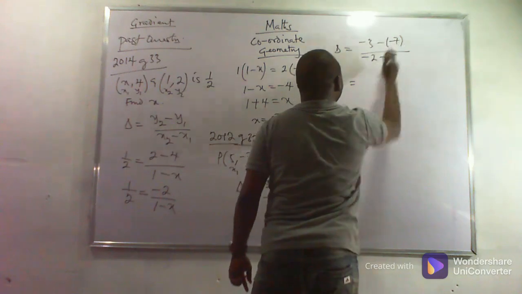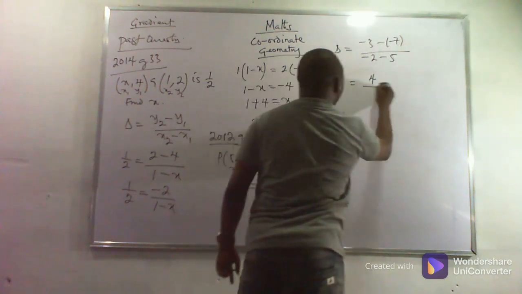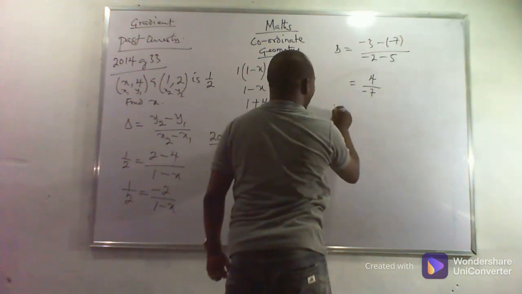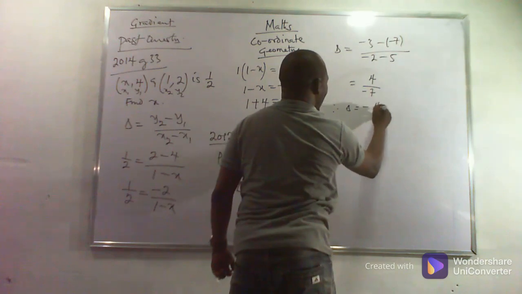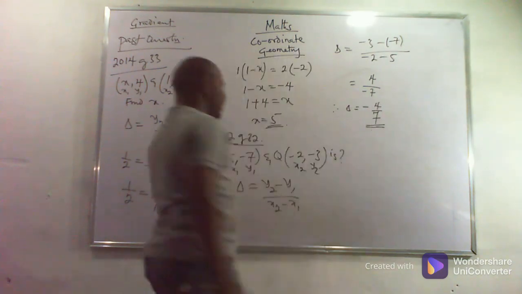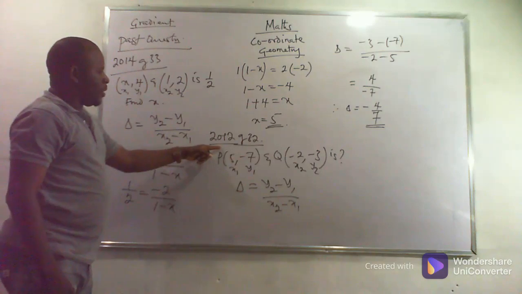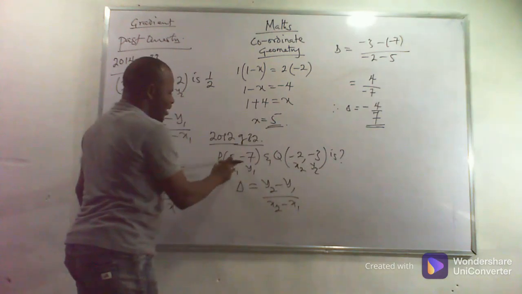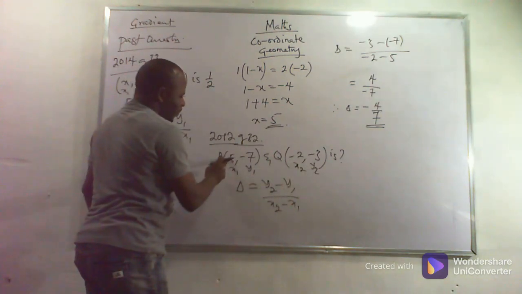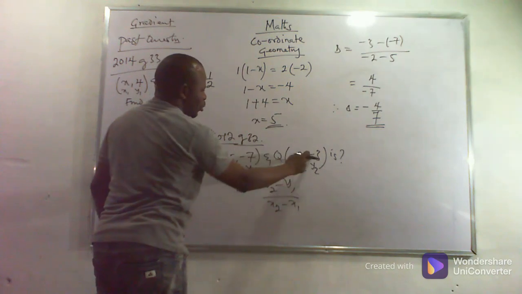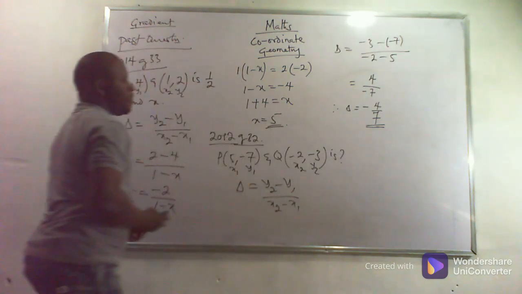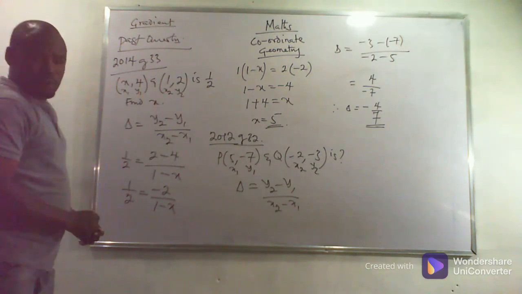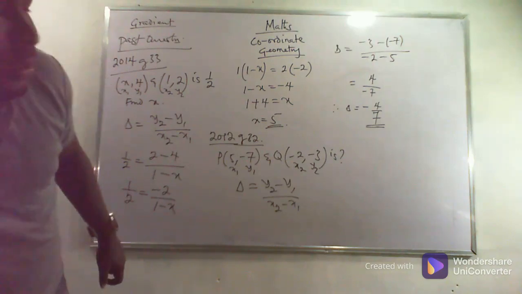So minus 3 plus 7 gives me 4, over minus 2 minus 5, that gives me minus 7. Therefore, the gradient is minus 4 over 7. That is the answer to Jamb 2012 number 32. We are asked to find the gradient given points P and Q. So the answer is minus 4 over 7. That is the solution.